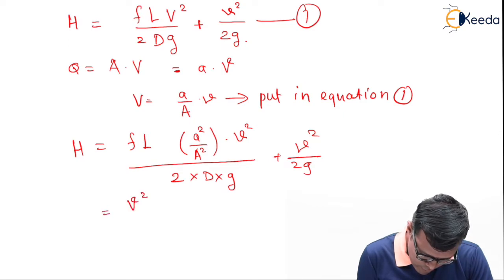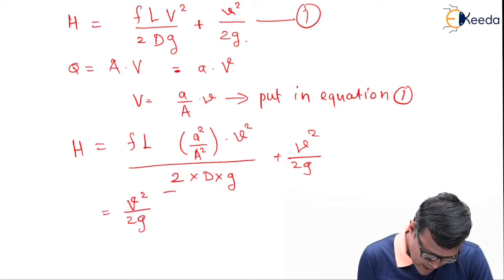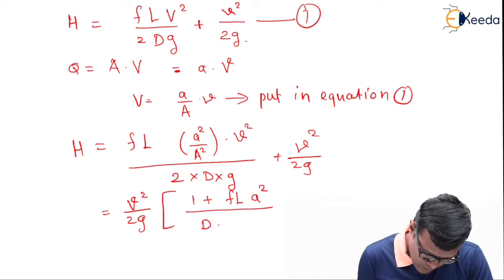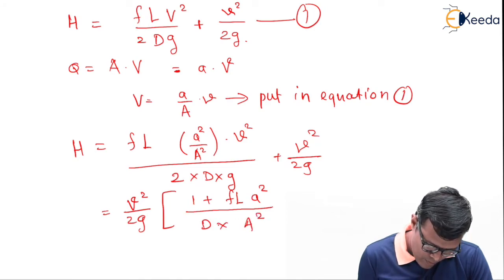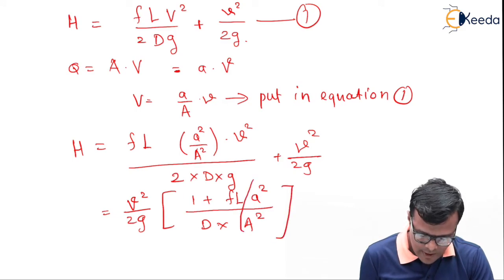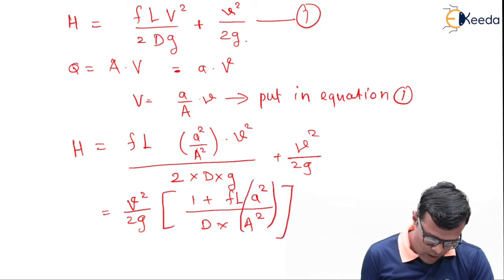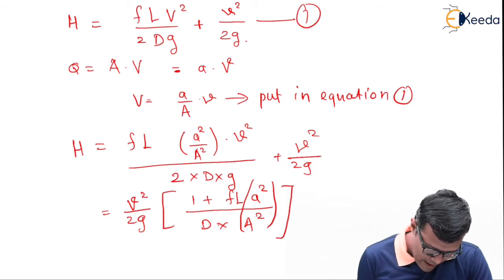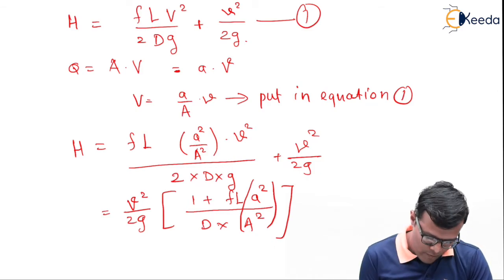So in the bracket we will have 1 plus FL upon D into small a square upon capital A square, which we can take into a bracket for simplicity, and we are interested in calculating small v.